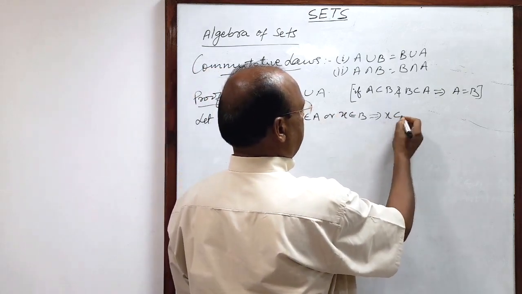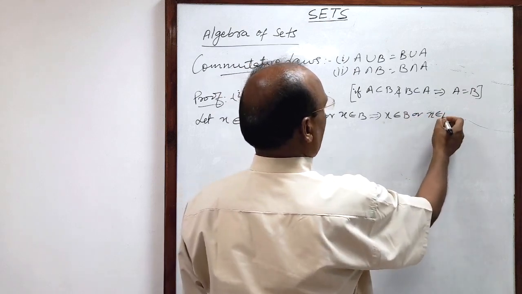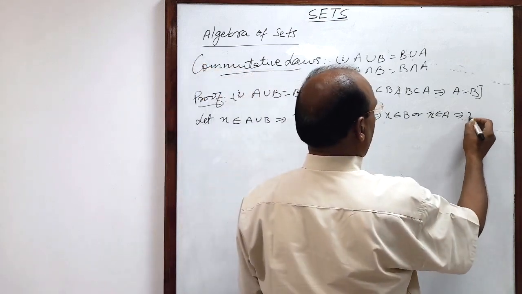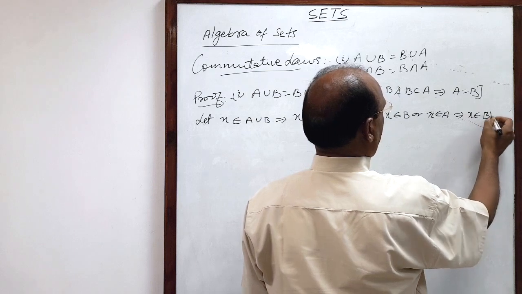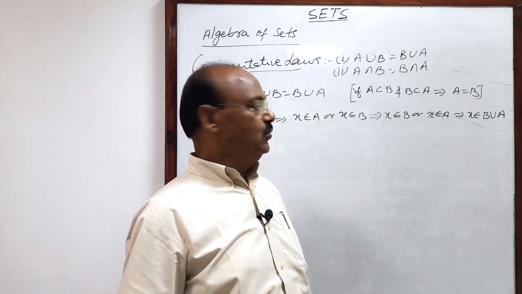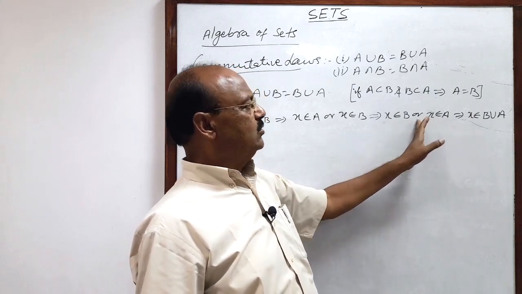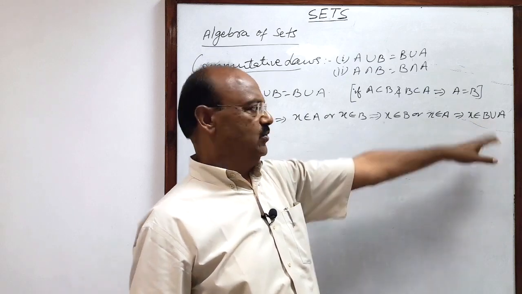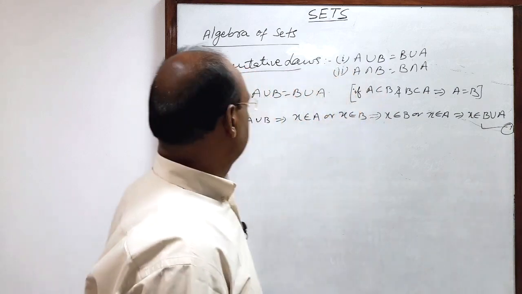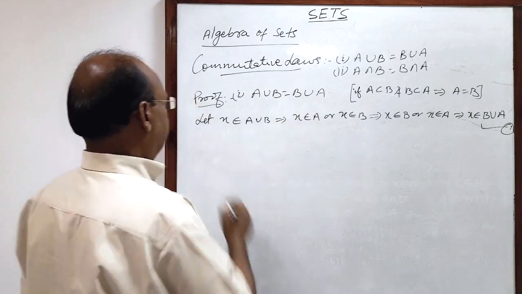X belongs to set B or X belongs to set A, and this implies that X belongs to B union A. By the definition of union of two sets, X belongs to B or X belongs to A, so X will belong to the union of these two sets. Let us call it relation number 1. Correct? Now we will start from the right hand side.